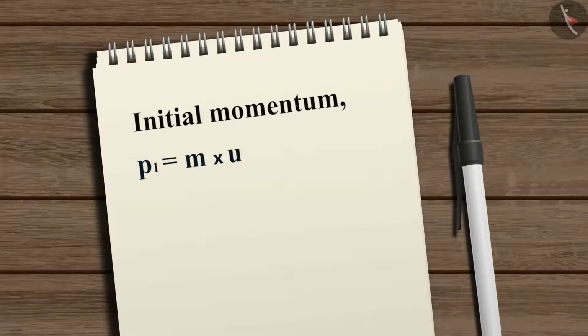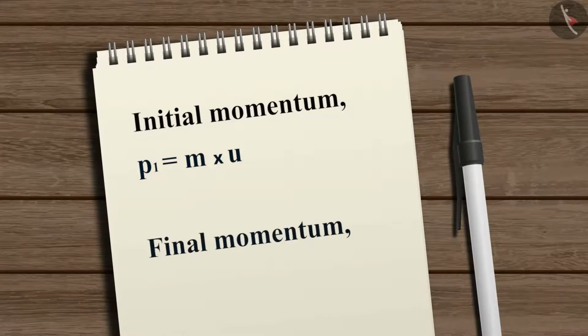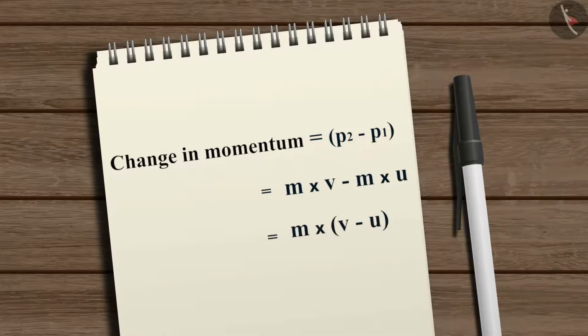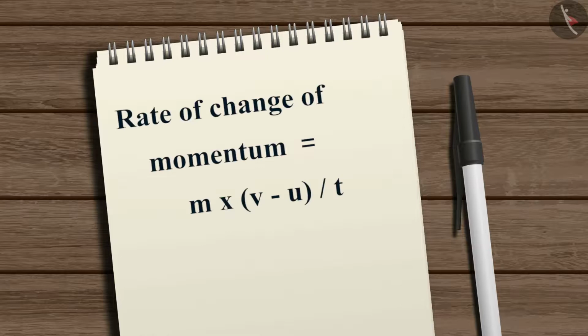We can represent the initial momentum of the object as p1, which is equal to m multiplied by u, and the final momentum of the object as p2, which is equal to m multiplied by v. Therefore, the change in momentum will be equal to p2 minus p1, which can be written as m multiplied by v minus m multiplied by u.